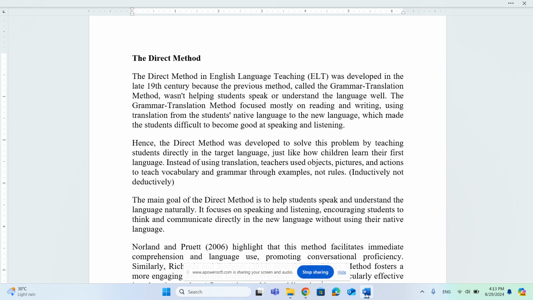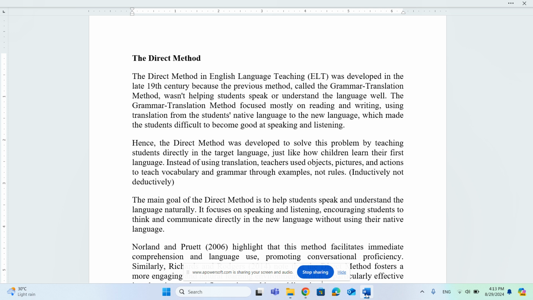You say, this is a stone, rather than translating it into the native language of the students. And sometimes if there is no possibility of getting the real object, then you can show the picture also. In this way you can teach vocabulary.